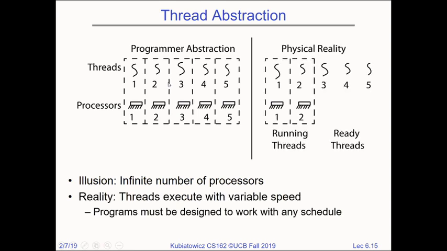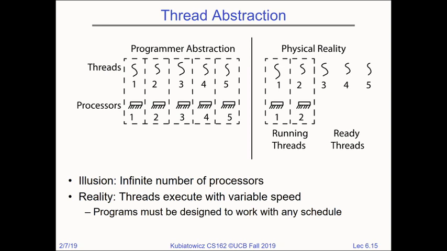The reality is, of course, there's a finite number of physical hardware threads, and so the scheduler has to make choices as to which one runs at which time. So what's interesting about that is while the programmer abstraction of everything's always running all the time might be useful, the physical reality is that things are not always going to run all the time.